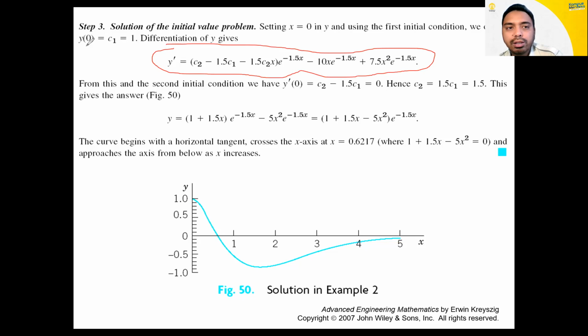Then you substitute y(0) equal to 1, which is equal to C1 in our case, and y prime(0) equals C2 minus 1.5 C1, which is equal to 0 according to the initial values. Then you can also find C2 over here. So that will give us the particular solution.